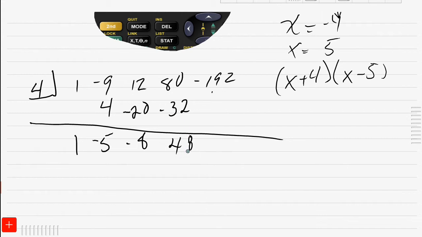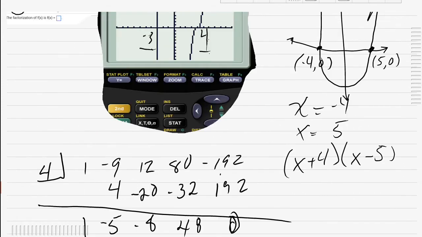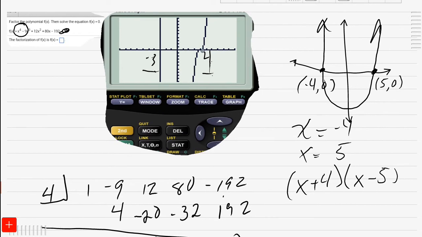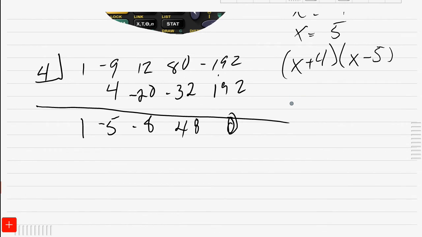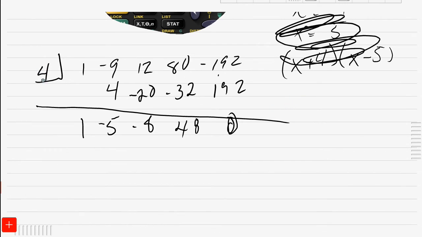And 4 times 48 is 192, and negative 192 and 192 make 0. So once you get a 0 here, that confirms that this was the correct value for an x-intercept. So at least we know one of the factors, since that's a minus 4. We know one of our factors is x minus 4.